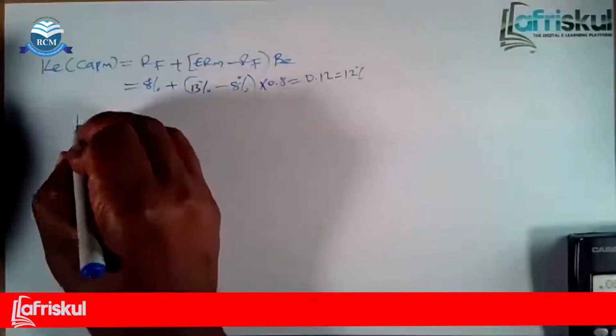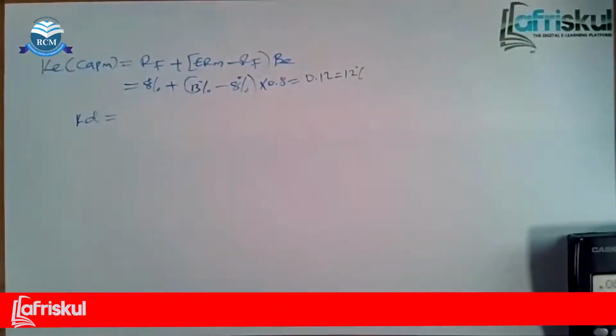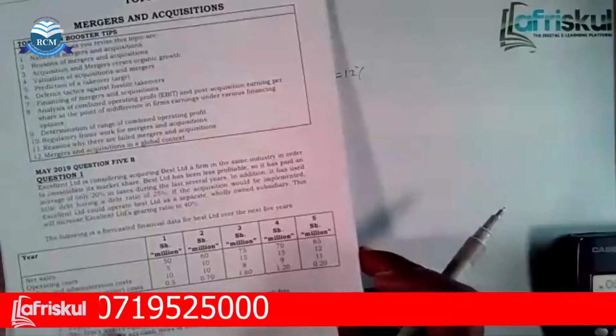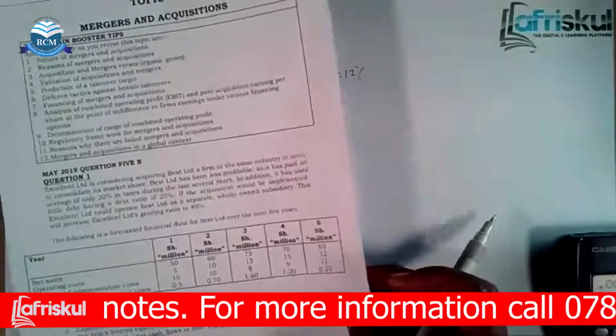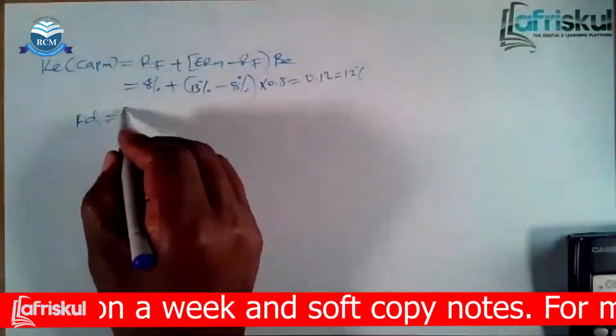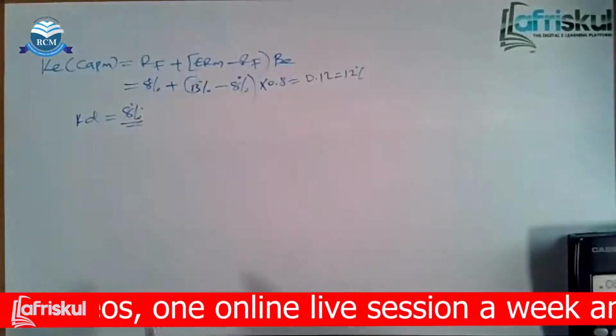Now the cost of debt has been given expressly. The risk-free rate of return is 8%, and the debt itself is considered to be risk-free. Therefore, cost of debt is 8%.